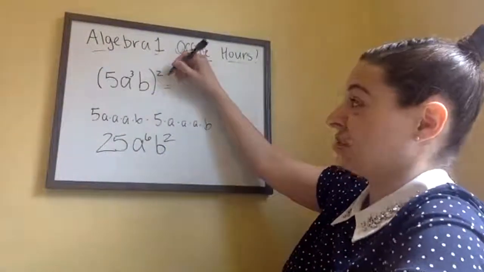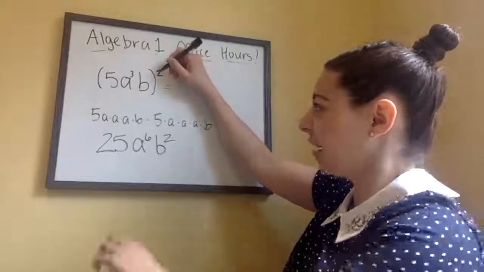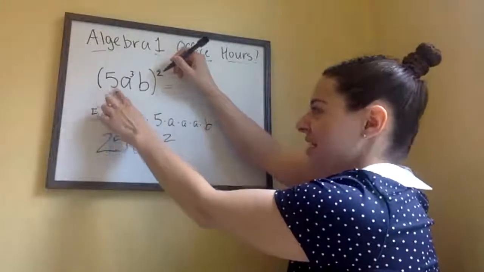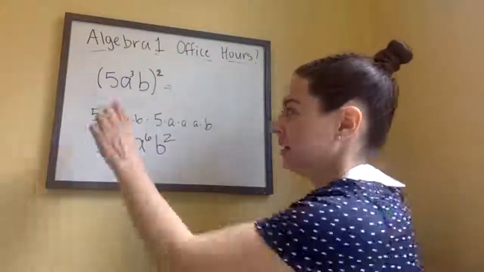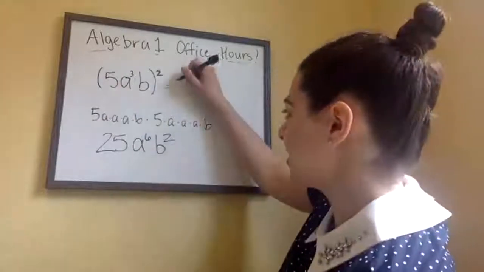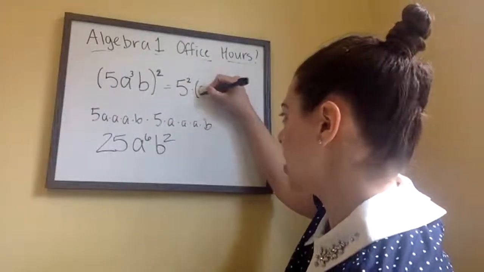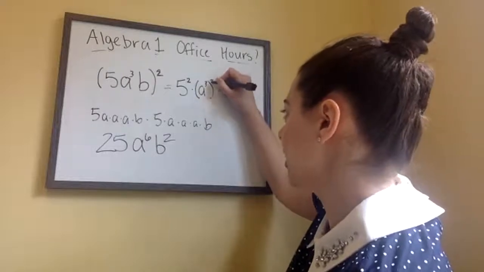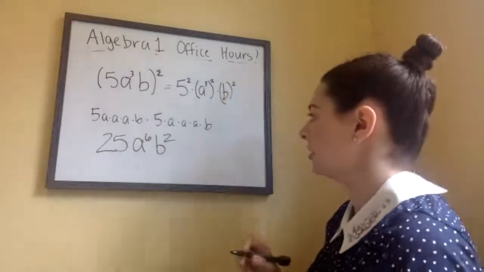If you wanted to do the shortcut way, anytime you were squaring anything, it's kind of like you're squaring everything inside, but you can only do that if everything on the inside is being multiplied together. So that's like saying 5 squared times a to the third squared times b squared.